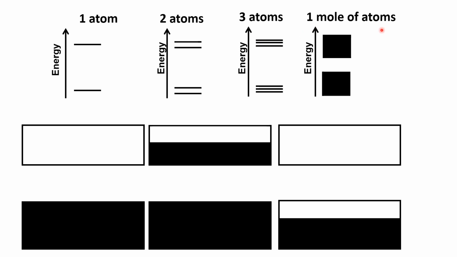So in this example, when we form a solid from this atom, and if we still consider that this region formed the top band and this region formed the lower band, in this example, both bands will be fully occupied. All orbitals inside the band would be occupied. But that does not need to be the case. It could be that we begin with an atom where this orbital is occupied and this one is empty.